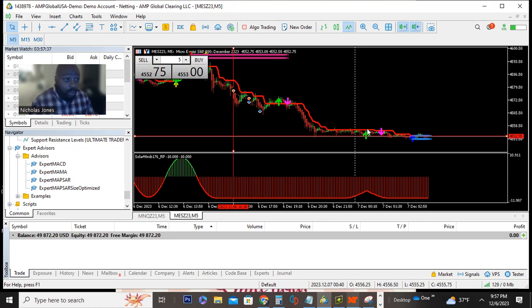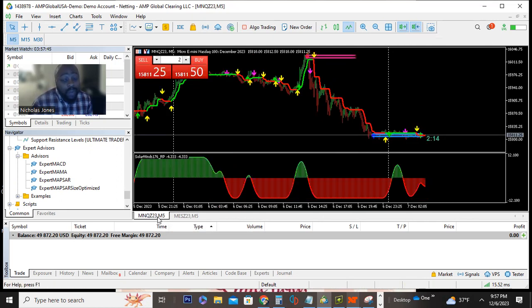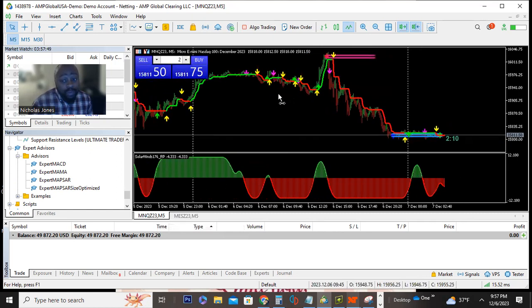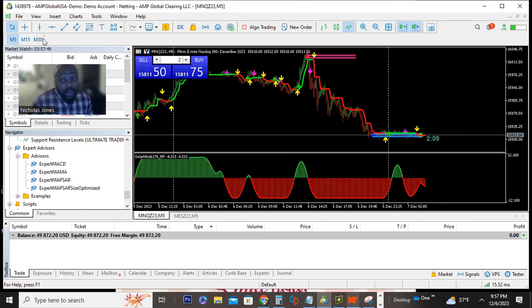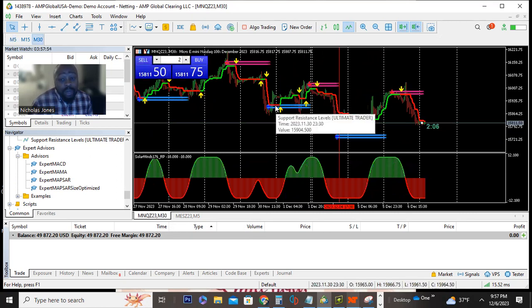So once again, we're gonna look at a few more instances because this happens on NQ also, right? So let's look at this. As you can see, we trade from support to resistance.